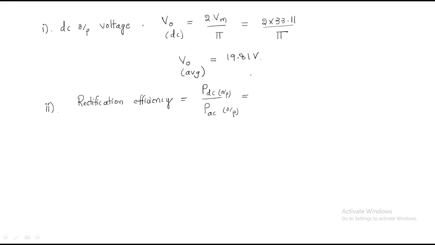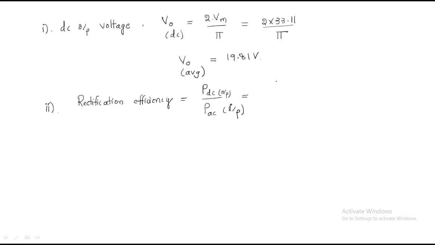Simply, efficiency means output by input power, but rectification efficiency means the DC output power by the AC output power.